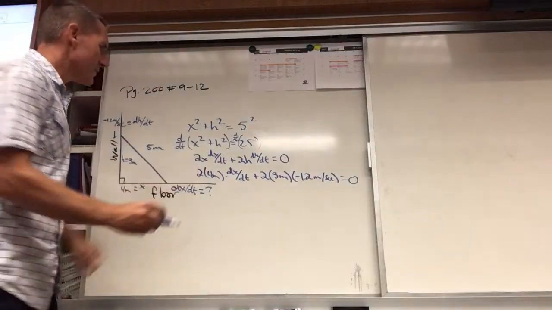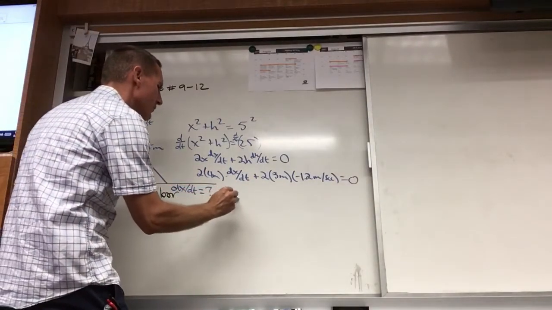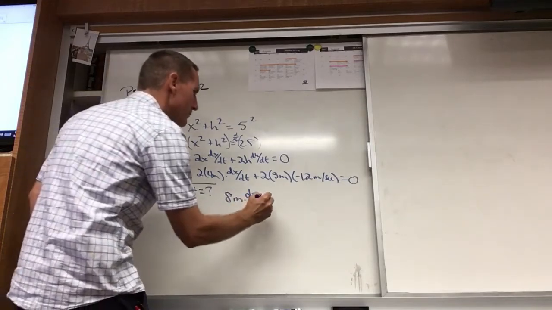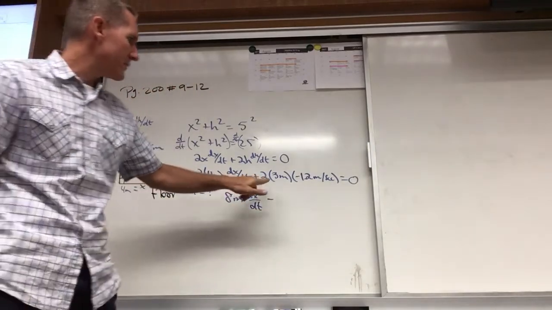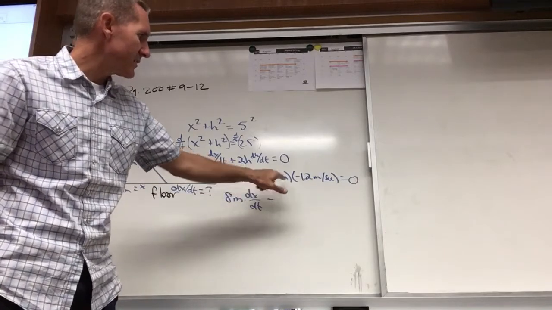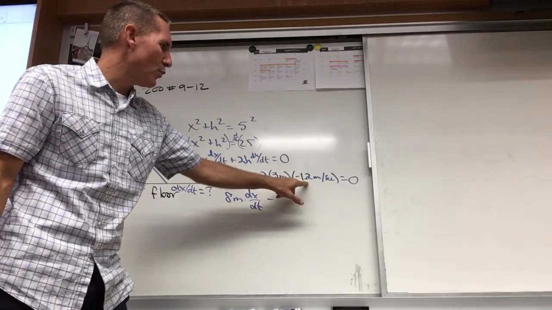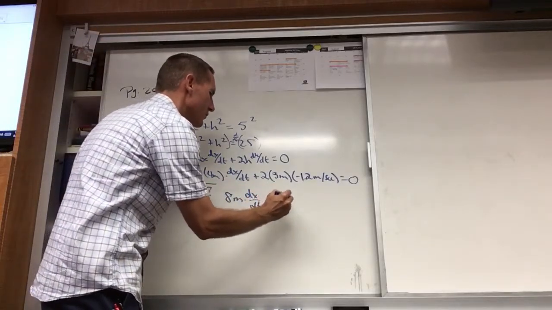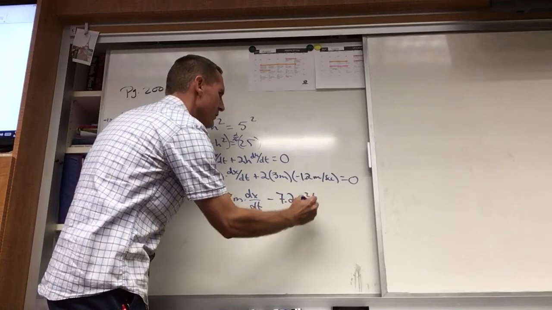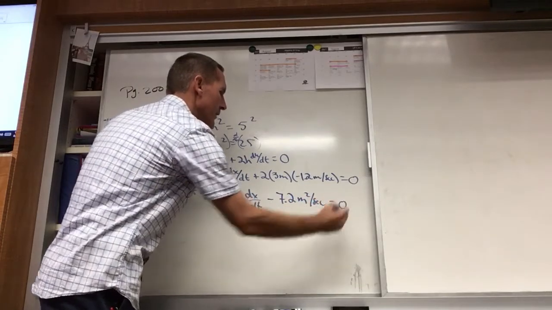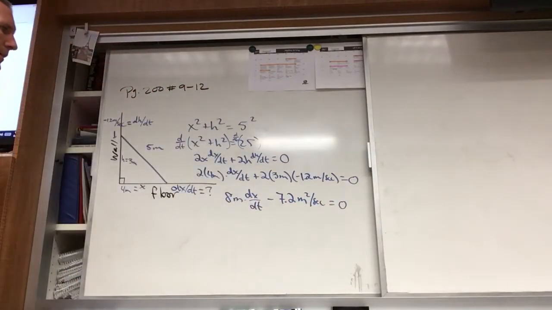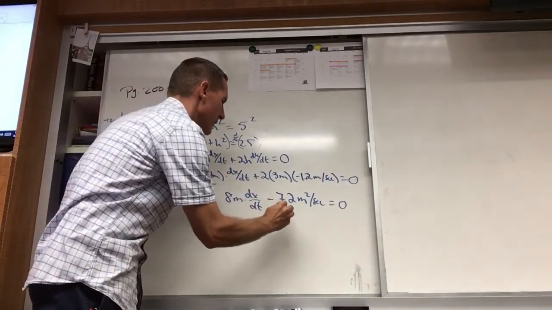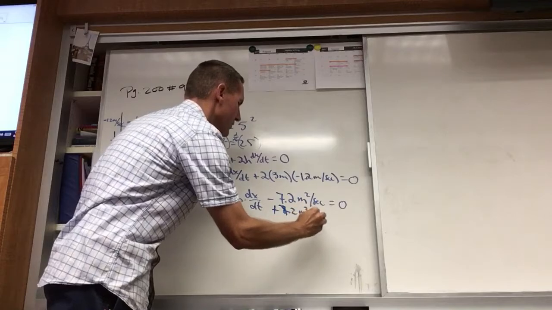So when I do this, I have that 8 meters times dx/dt, and then this is going to be minus, so let me go ahead and do this. That's 6 times 1.2 is 7.2, but then it's negative. That's where the minus comes from, so minus 7.2 meters squared per second equals 0. I'm going to move this over, right? 7.2 meters squared per second.